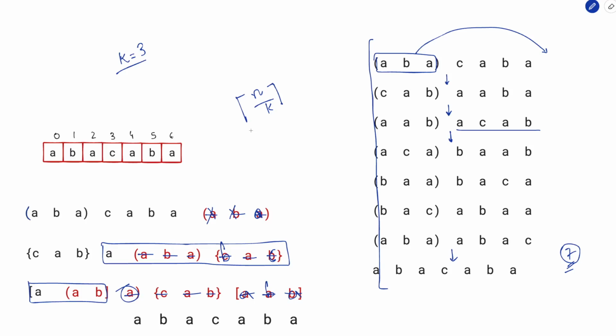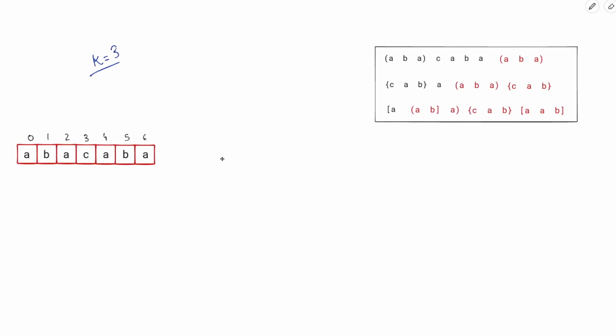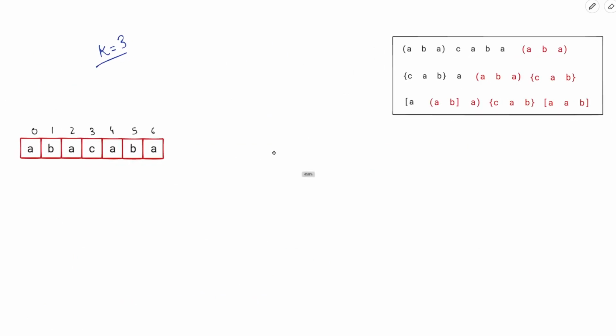Now, can we reduce this further? The answer here is yes, and let's look at it. We know that with this strategy, we are able to convert the given string into the original string in n by k ceiling operations. We know that exactly, right?